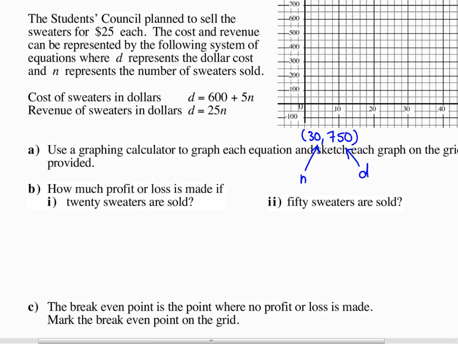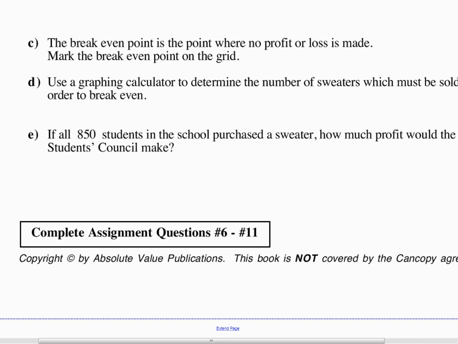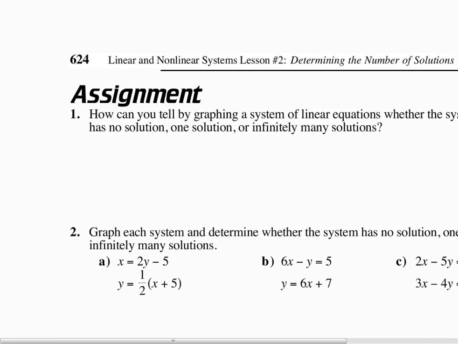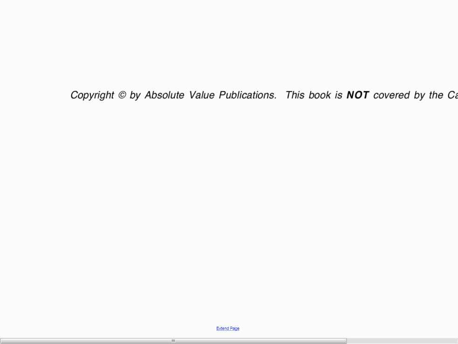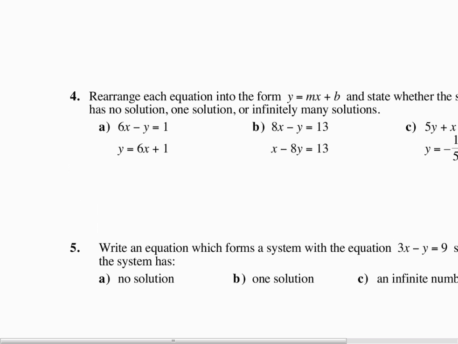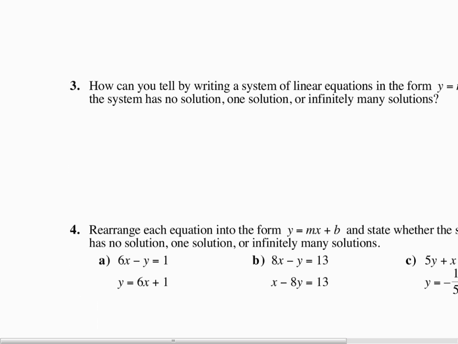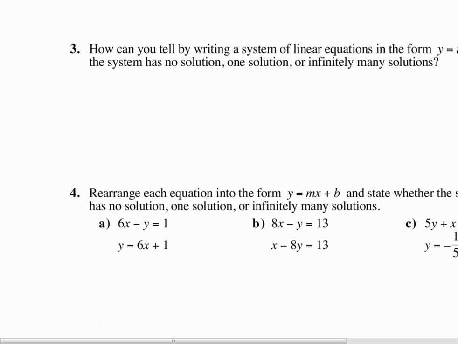Okay, it's 2. Your assignment. Page 624. Let's circle 2. 2, 3 AC. Question. Wait. There is no 3 ACs. Oh, oops. I wrote down the wrong lesson.